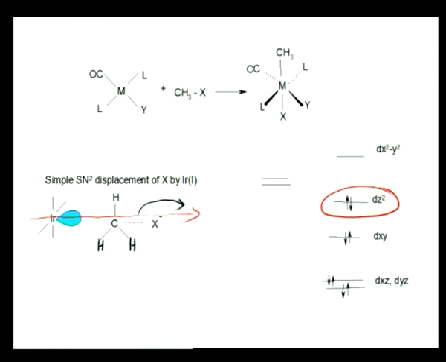So, X minus will be going away, and you have a simple SN2 type reaction on the methyl halide, carried out by the nucleophilic addition of the iridium to the methyl group, and X minus is the leaving group. You can always ask what is the stereochemistry of the carbon, a question that we will come to later on.